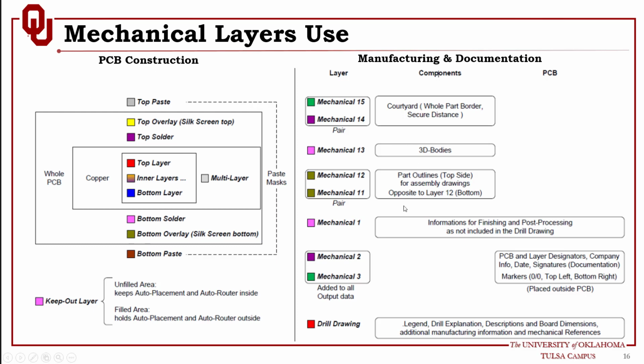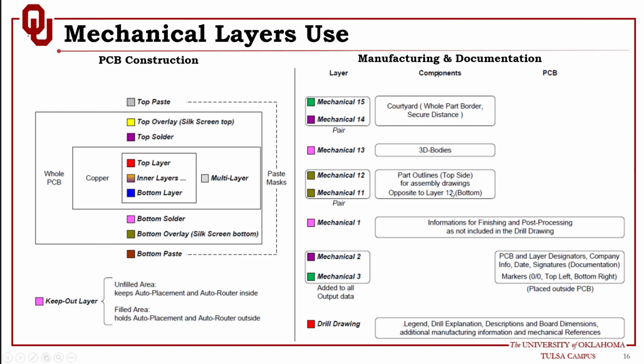Now when it comes to design from a manufacturing and documentation perspective, it's always recommended to use mechanical layer 13 for 3D bodies, mechanical layer 15 for courtyards, and mechanical layer 1 for information about the drilling, the assembly, etc. Then you can define mechanical layer 12 for assembly drawings, as you can see here.